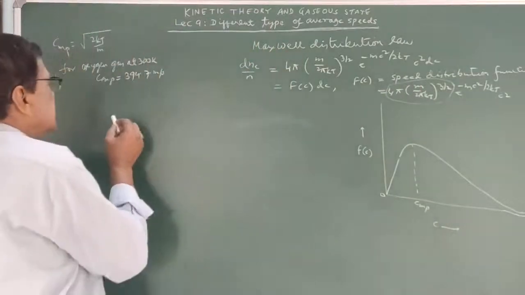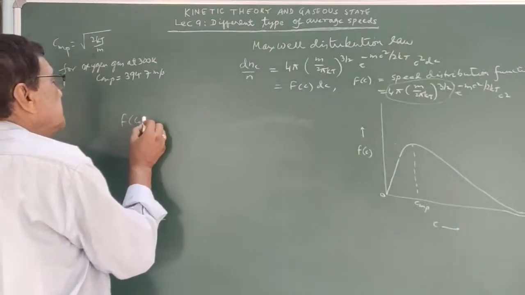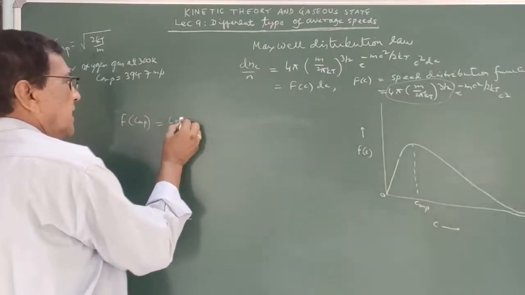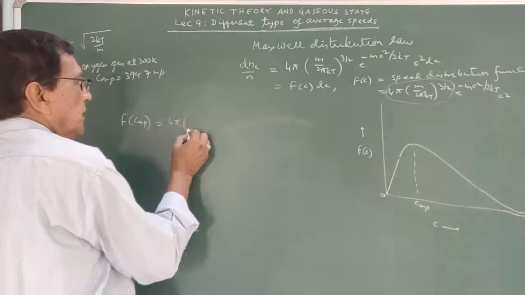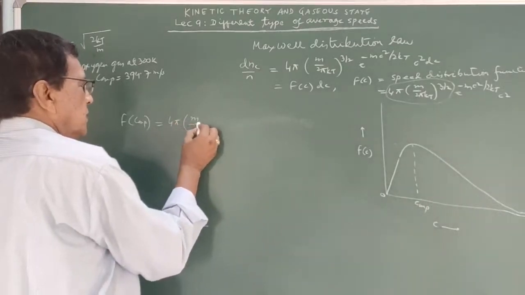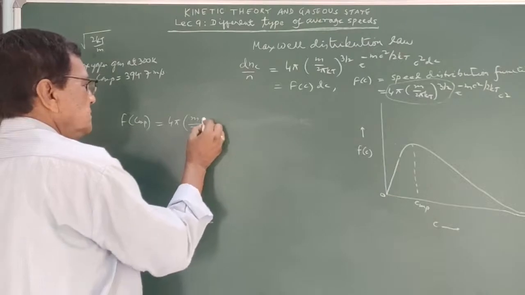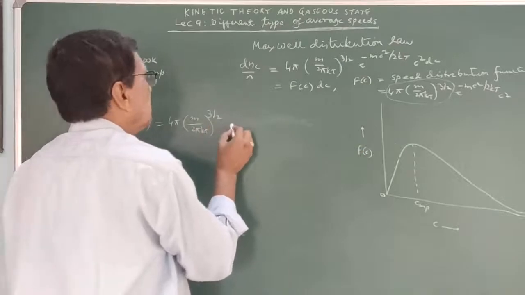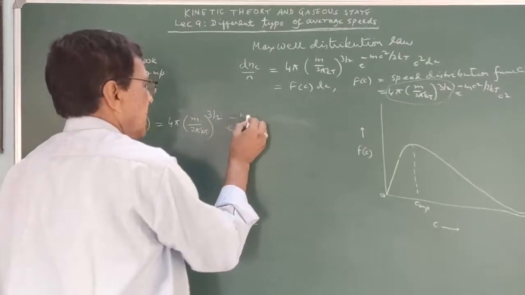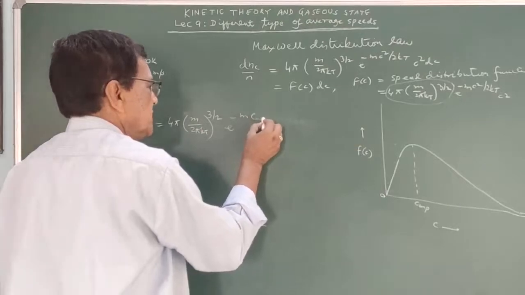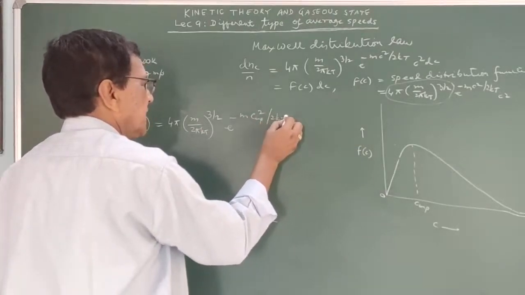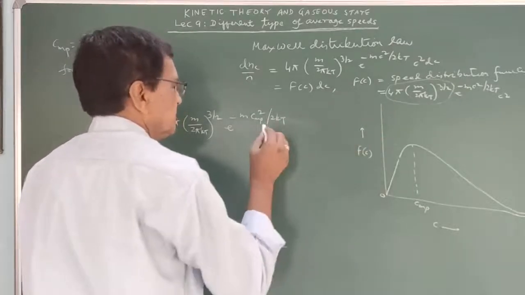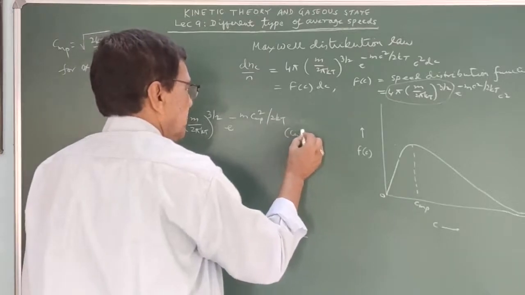So this f(C_MP) equals 4 pi into m by 2 pi kT to the power 3 by 2 and e to the power minus m C_MP square divided by twice kT, and here also instead of c we write C_MP square.